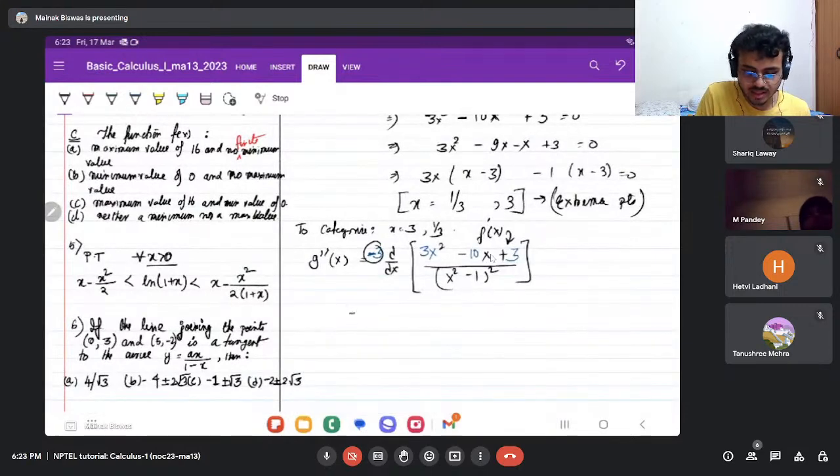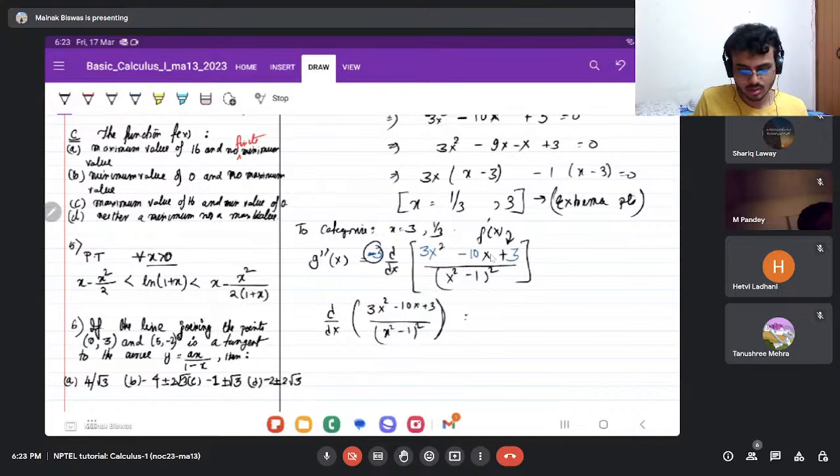So let's take the derivative d dx of 3x square minus 10x plus 3 by x square minus 1 whole square. Or you could do one more thing, right? Let's see whether we need to take derivatives.